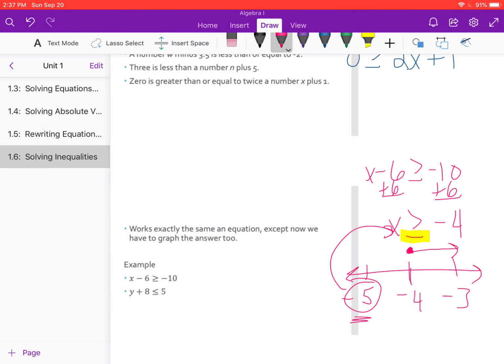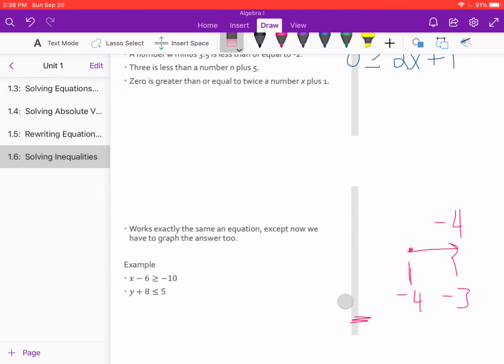Let's double check by using negative 3. If I plug in negative 3 for x, negative 3 is greater than or equal to negative 4. That is true, so we want the arrow pointing toward negative 3. What we're saying here is that any number to the right of negative 4 on this number line, including negative 4, is a solution to the inequality.